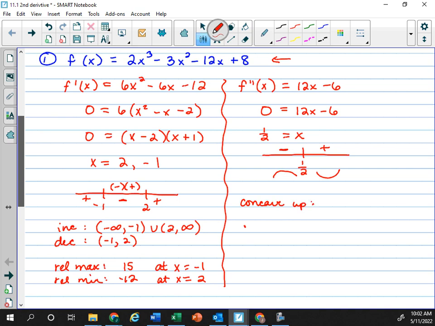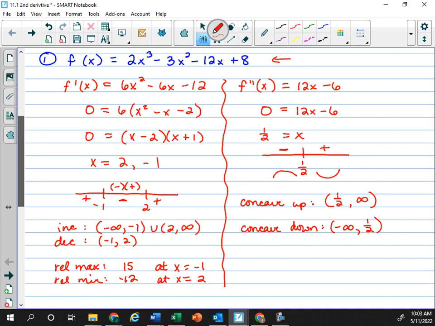So what would you tell me for concave up? 1/2 to infinity, right? Concave down, negative infinity to 1/2. And what do you think?